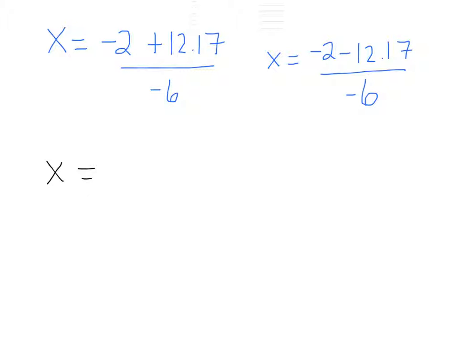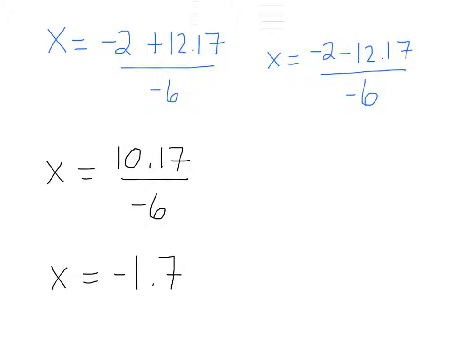And so you've got 10.17 all over negative 6. So now type in 10.17 divided by negative 6 and tell me what you get. Negative 1.695. So let's call it negative 1.7. Okay? I rounded it to negative 1.7.